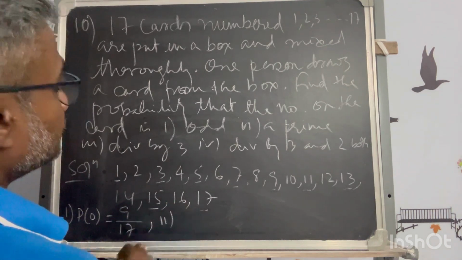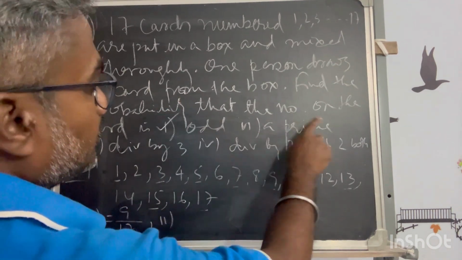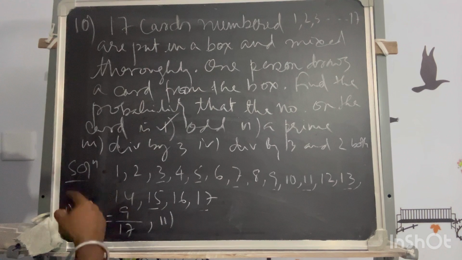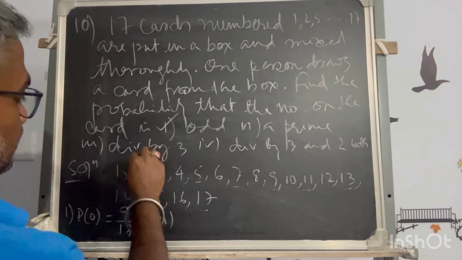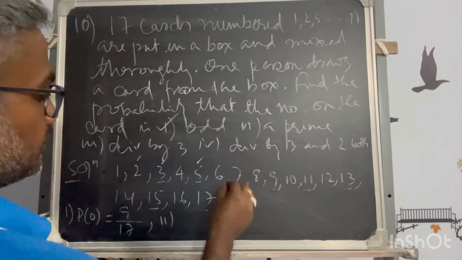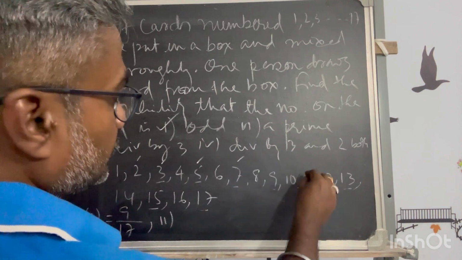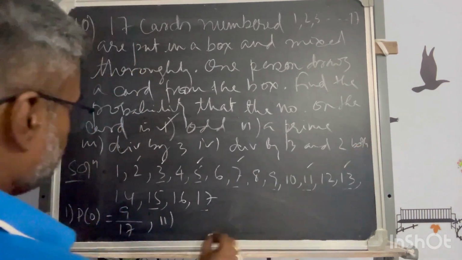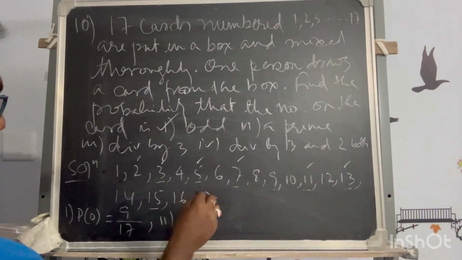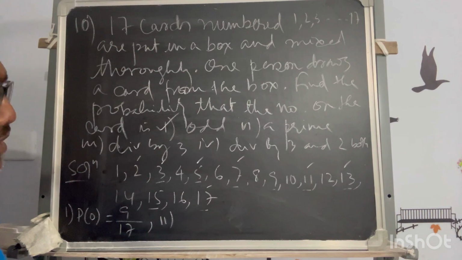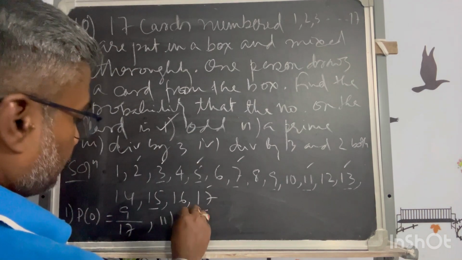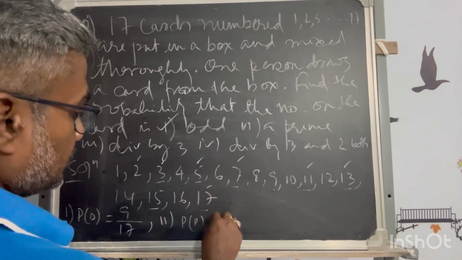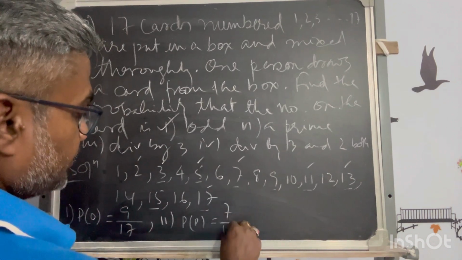Coming to second, what is your need? Prime number. Leaving 1, the prime numbers are 1, 2, 3, 4, 5, 6, 7. So these are the only ones. So the probability of getting a prime number is 7 out of 17.